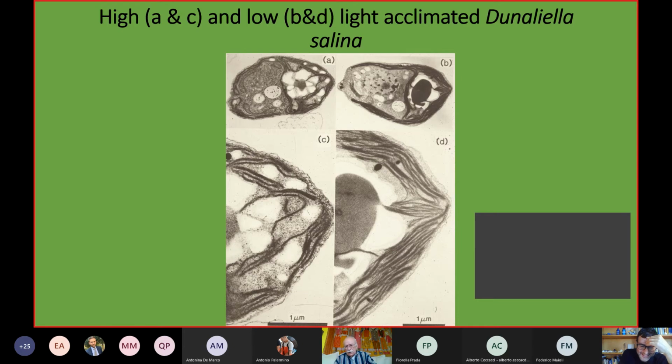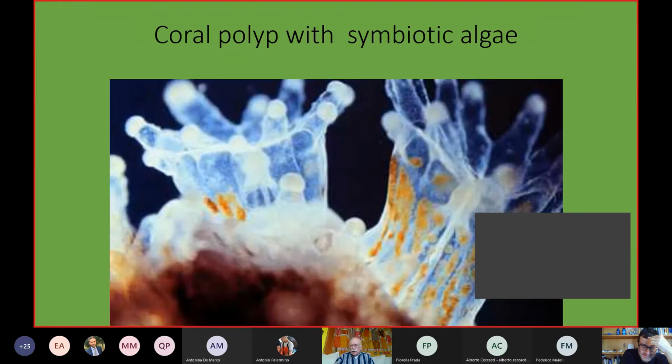By the way, the alga doesn't have a cell wall, so you don't have to extract. You can just put it in pills and give it to people, and they are very happy to pay money for it.